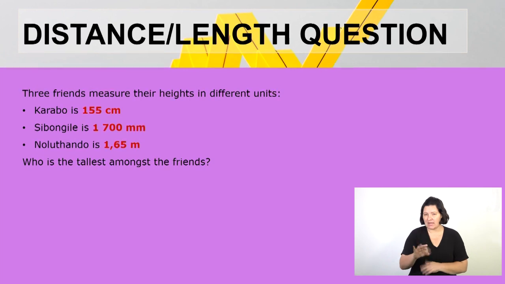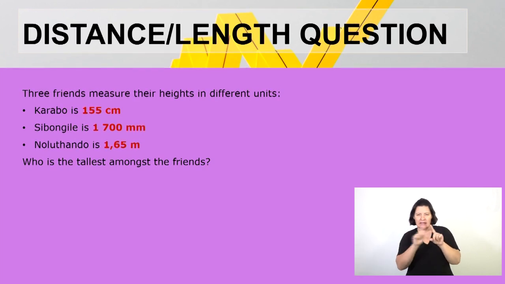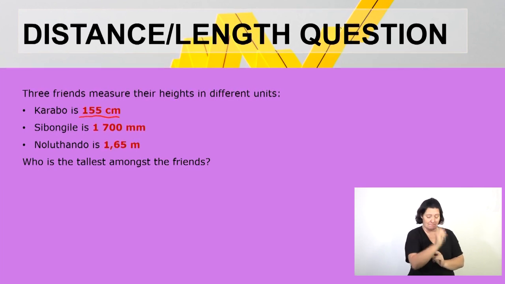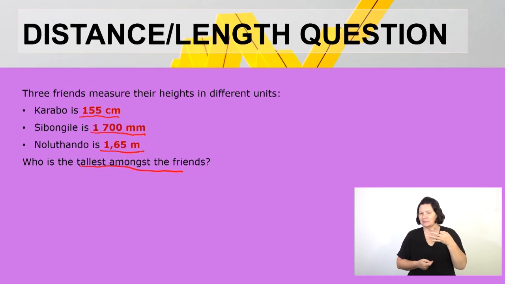3 friends measure their heights in different units. Karabo is 155 centimeters tall. Sibongile is 1,700 millimeters tall. Noluthando is 1.65 meters tall. Who is the tallest amongst the 3?